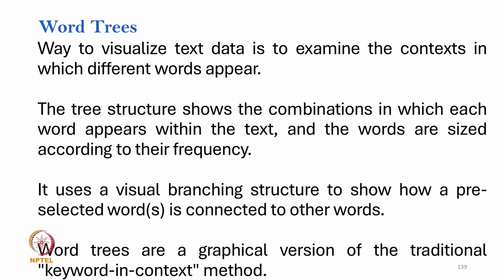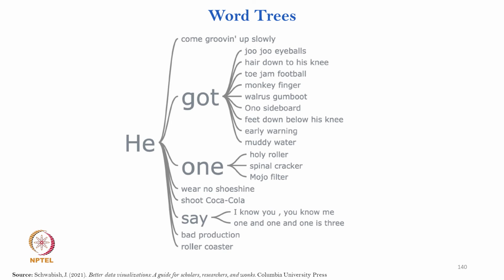The font size of words represents their weights, and it usually uses a visual branching structure to show how a pre-selected word is connected to other words. Word trees are a graphical version of the traditional keyword-in-context method. They enable rapid querying and exploration of bodies of text.